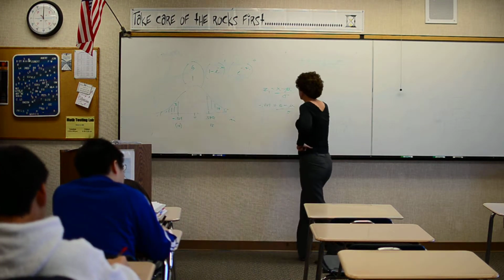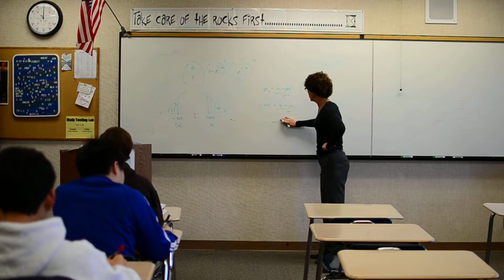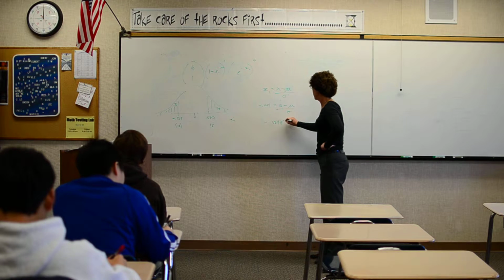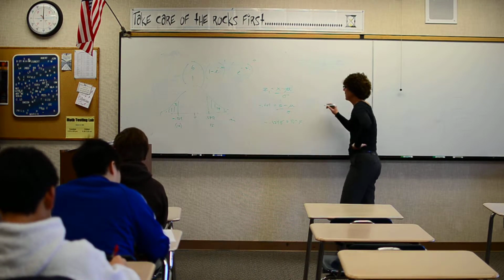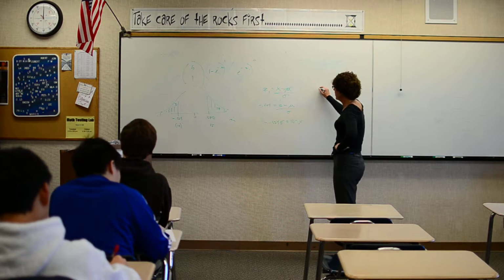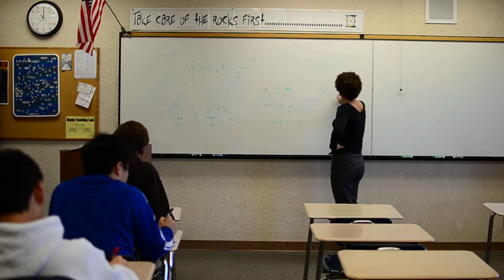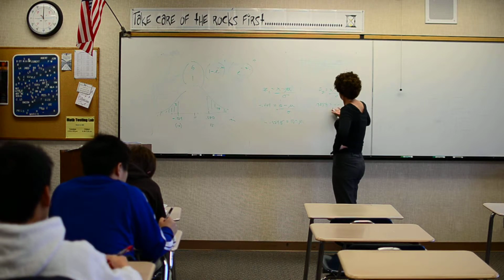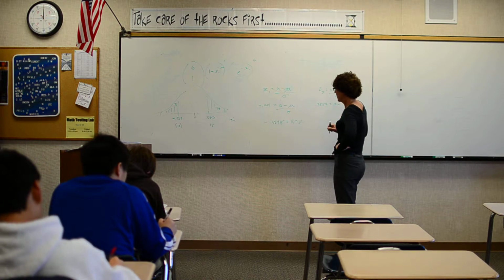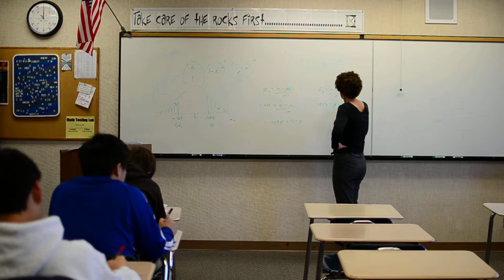So negative 0.524 times standard deviation is equal to 10 minus mu. And then I have Z sub 2 is equal to x minus mu over the standard deviation, and that's 0.3853 is equal to 15 minus mu over the standard deviation.